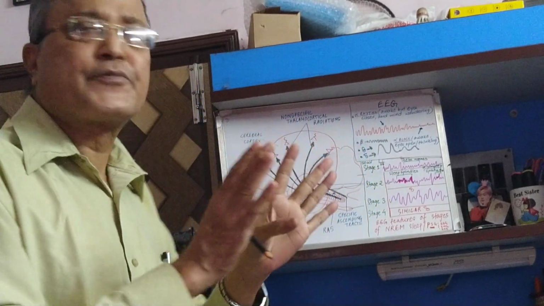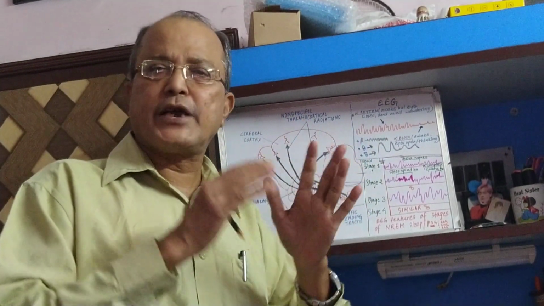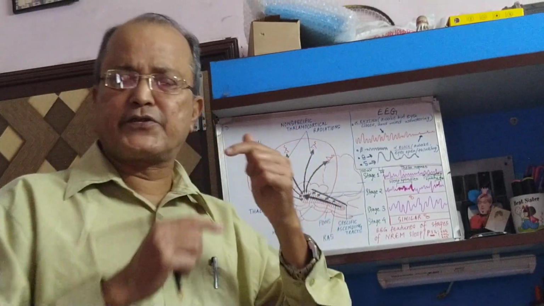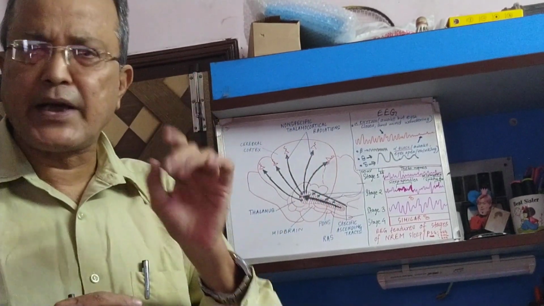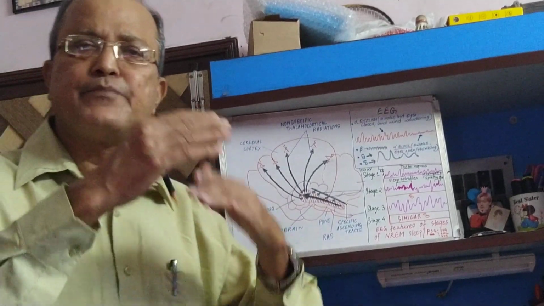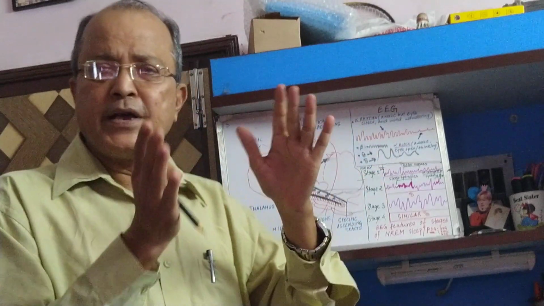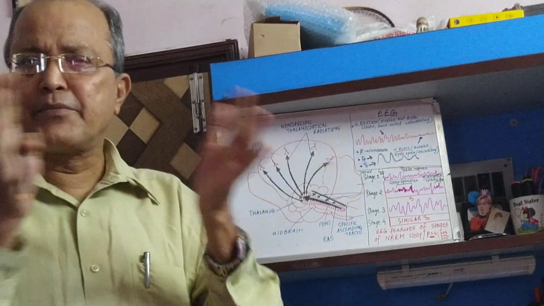If a subject sleeps for 8 hours in a night, and the cycle is of 90 minutes duration, there will be at least 5 cycles in a night, and the sleep goes on in this manner: NREM, REM, NREM, REM, NREM, REM, like this.